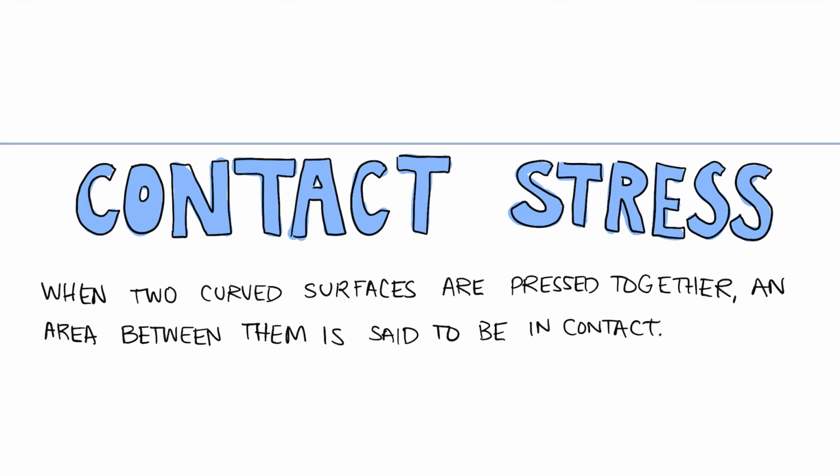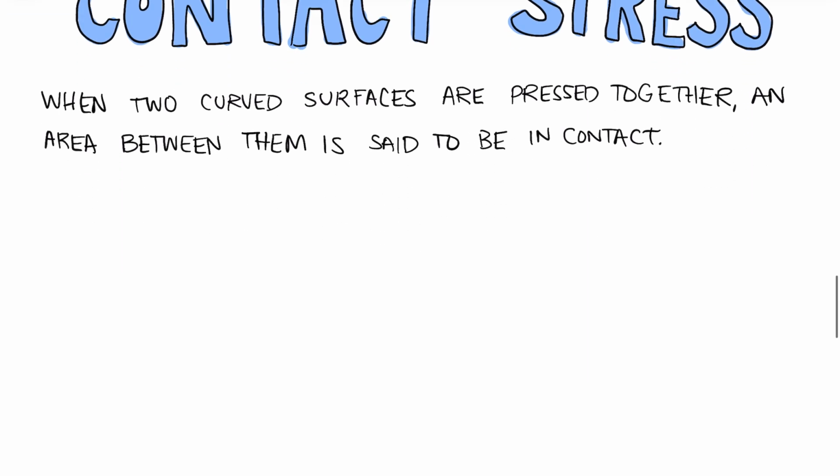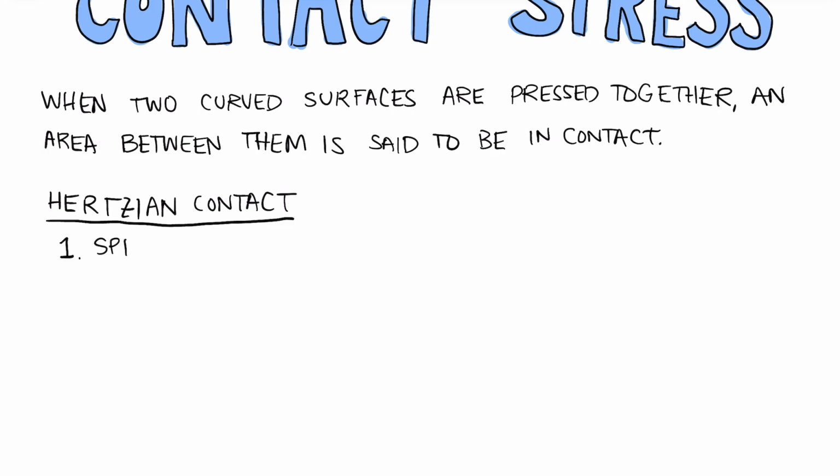And we are going to look at two special cases of contact that have closed form solutions, and they were solved through the Hertzian contact model. The first of the two special cases that we will look at is sphere on sphere contact.